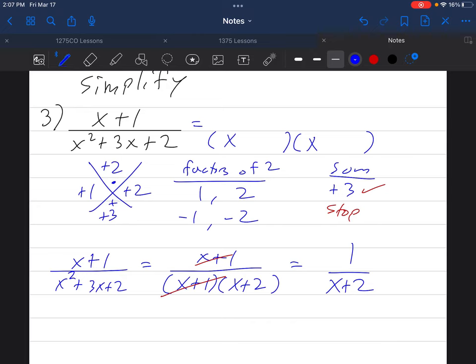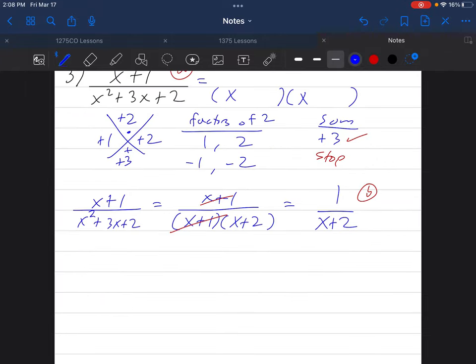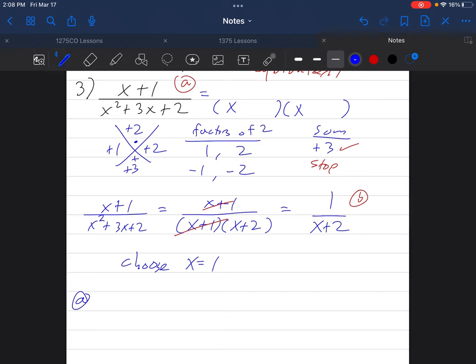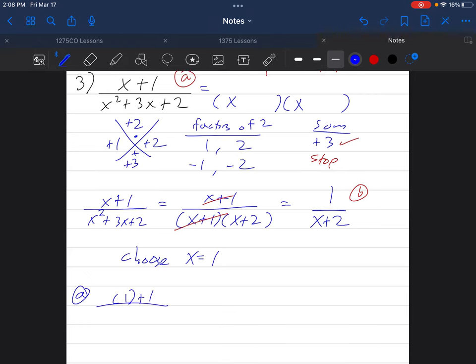So what we are saying here with this is that our original rational expression, A, and our answer, our end result, B, are equivalent. They are the same. That means if we choose, let's choose x equals 1, and let's evaluate expression A. That's going to be 1 plus 1 over 1 squared plus 3 times 1 plus 2.